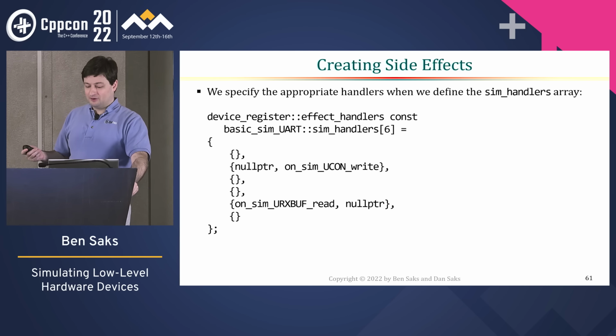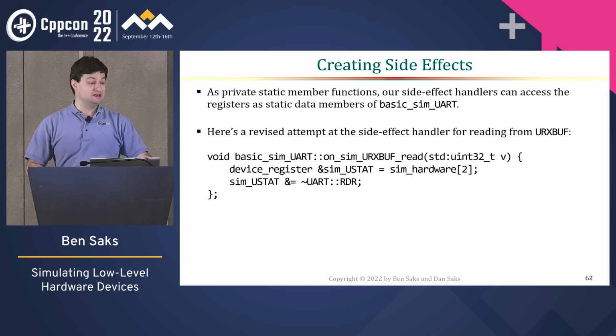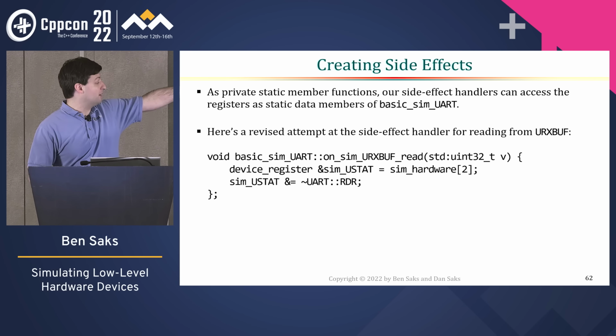Okay, so as private member functions, our side effect handlers can access the registers of the basic sim UART. So they can see the sim hardware array, which they need because when I do something like read from the receive buffer, I need to go ahead and clear the RDR bit in my status register.